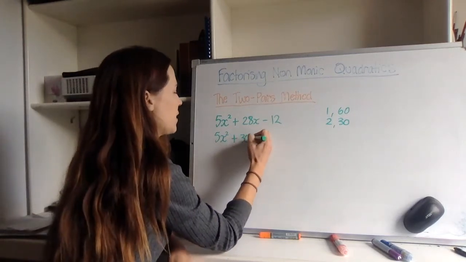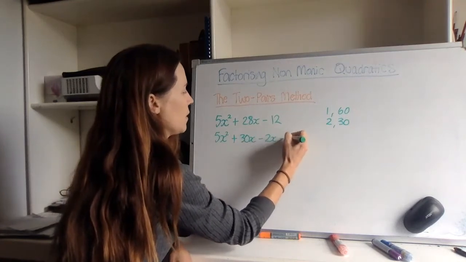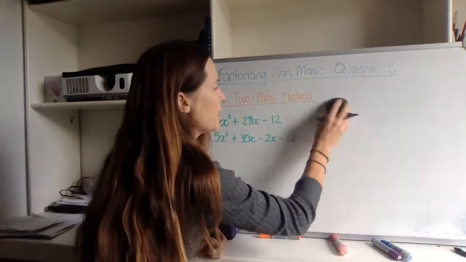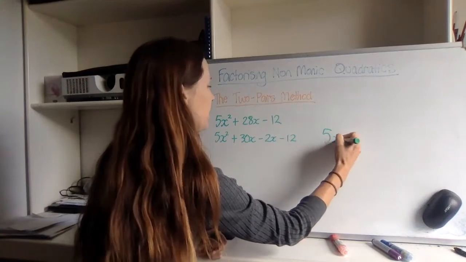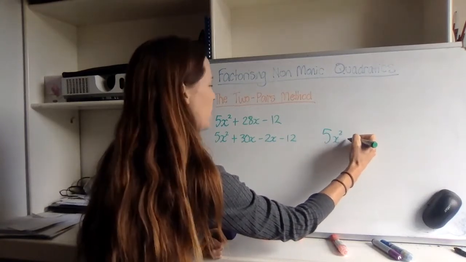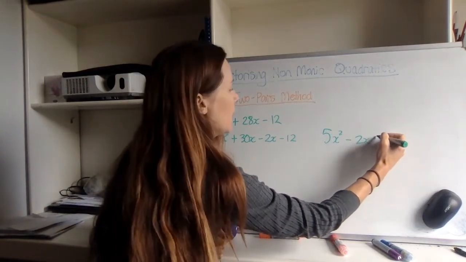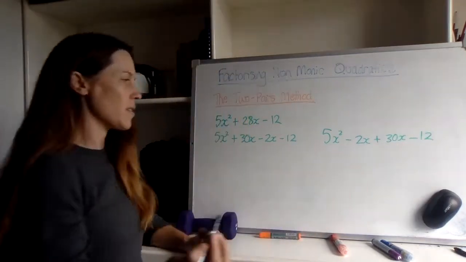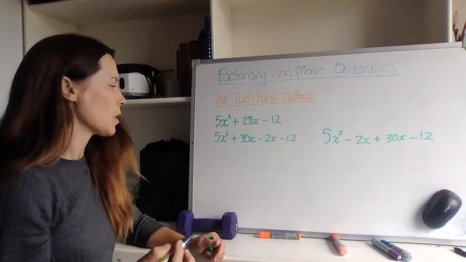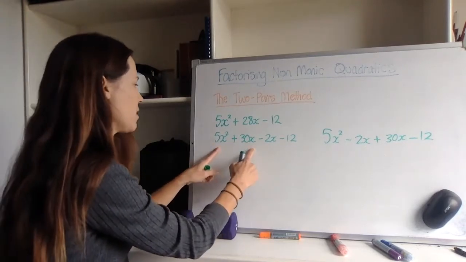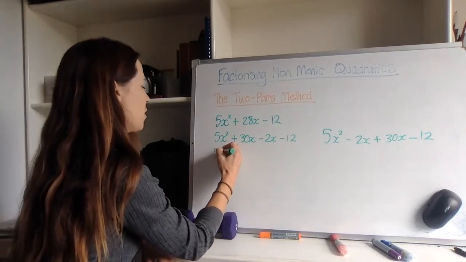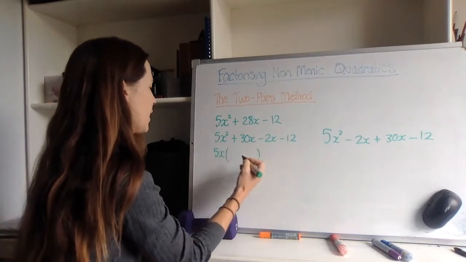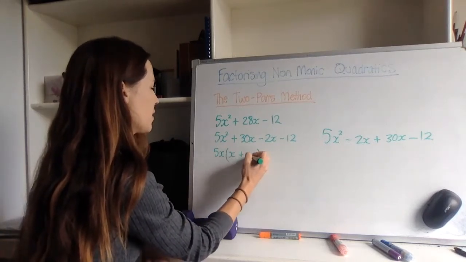Now, it doesn't make any difference which order you put them in. In fact, let's do this two ways just to prove it. So if I actually put the minus 2x first and then the 30x, we're still going to get the same answer. The working will just be a little bit different. So now I've got to factorize these two. They've got 5x in common, so I can bring that out the front of some brackets, and that leaves me with x plus 6.